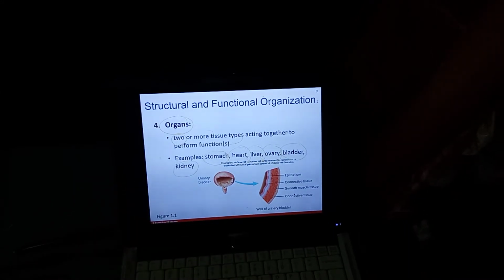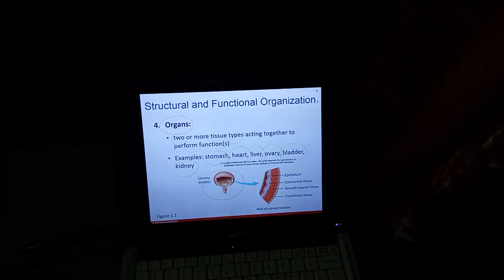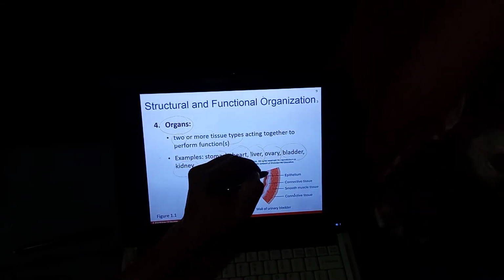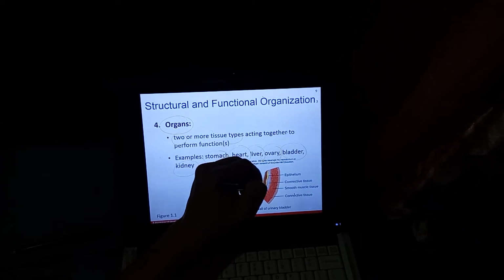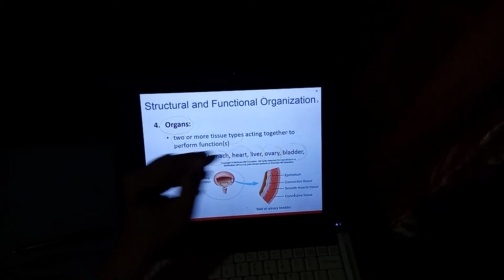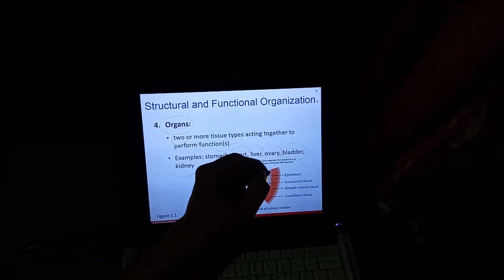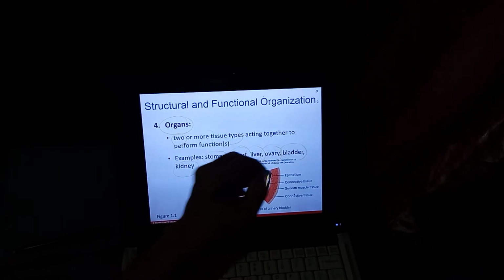Look at the structure, guys. Look at the figure. This is an example of the structure of your urinary bladder. This area that we see is the epithelium. This particular part is your connective tissue.